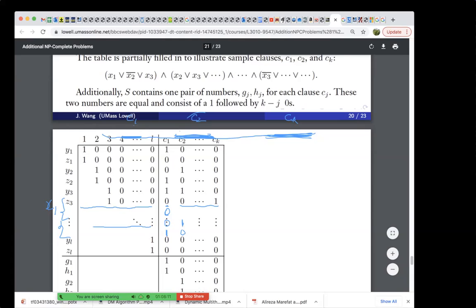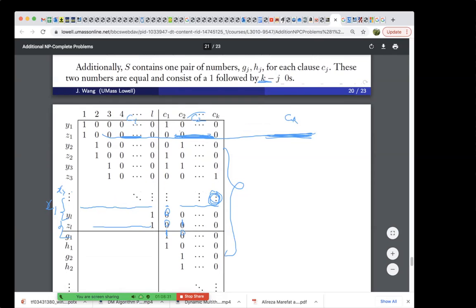So Y3, so this is 3. So the last one, okay, so Z3 represents X3 bar. So the last one here is 1. So that's this portion. And remember, I still have a second part of the variables that is G1H1, G2H2. Right, so let me clear this up.